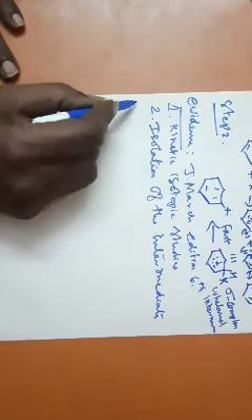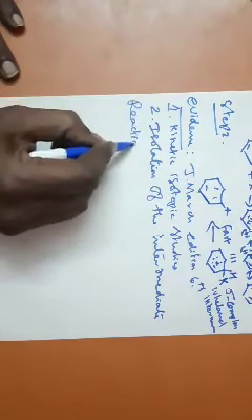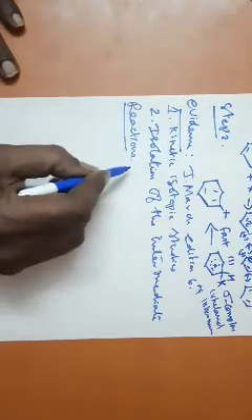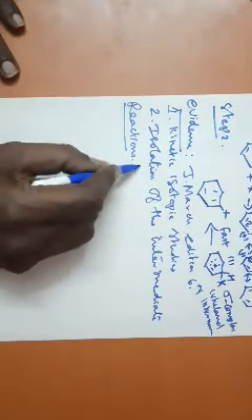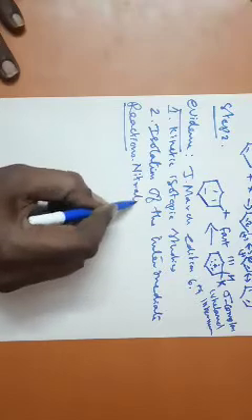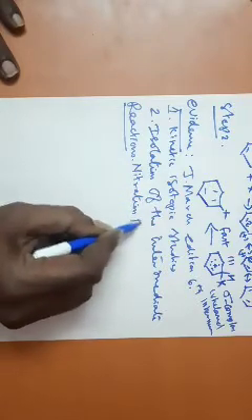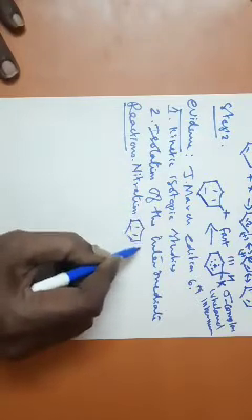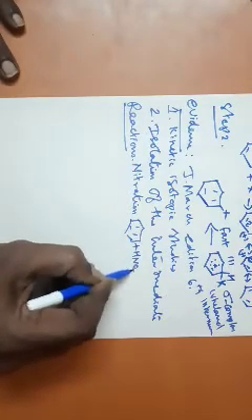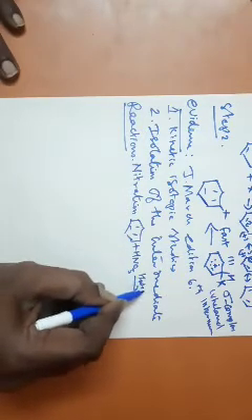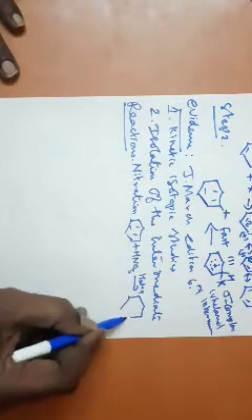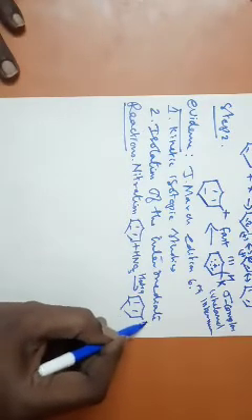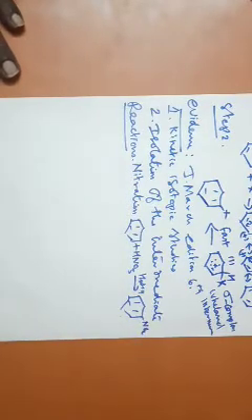And coming to the reactions, I have explained what is meant by nitration. Aromatic compounds, benzene, when treated with a mixture of nitric acid and sulfuric acid, get nitrated. You get nitrobenzene as the product.